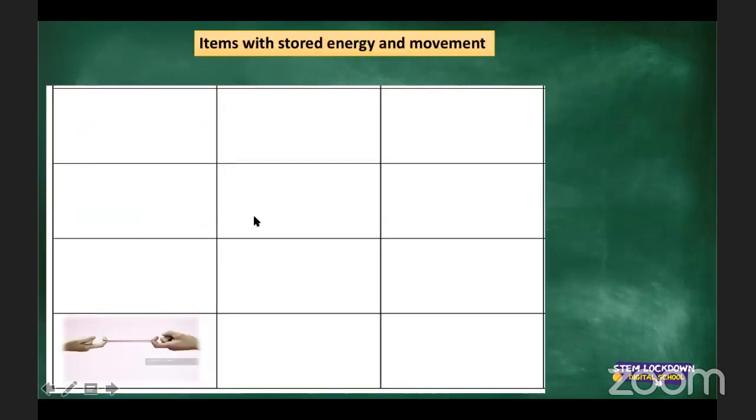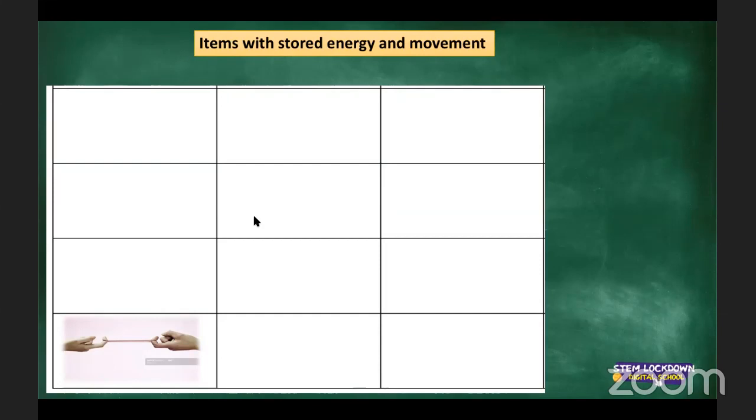Okay, so I want you guys to identify all the items which have stored energy. All of these items here are items with stored energy. The picture below shows two hands pulling an elastic band.